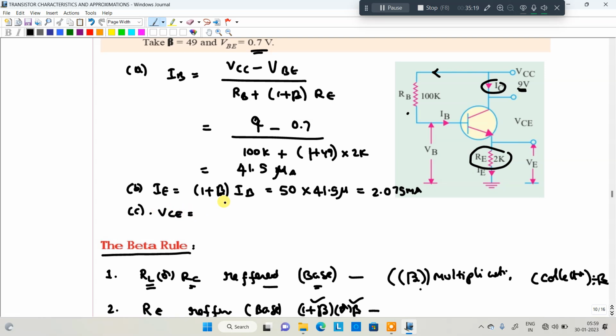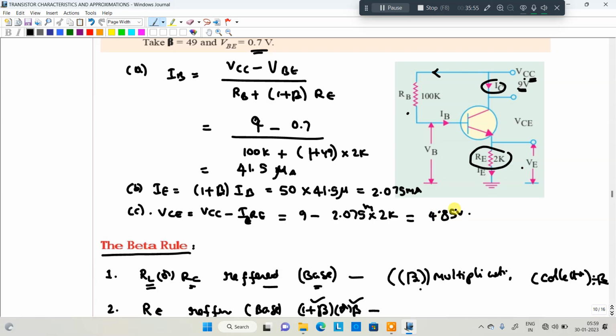VCE is nothing but VCC minus IERE, the outer loop. So that is 9 minus IE into RE, 9 minus 2.075 milli into 2K. That will be equal to 4.85 volts.